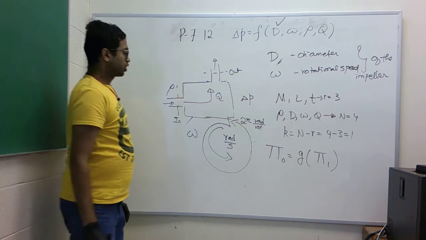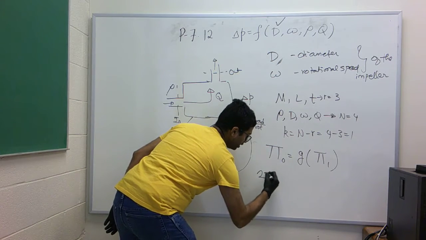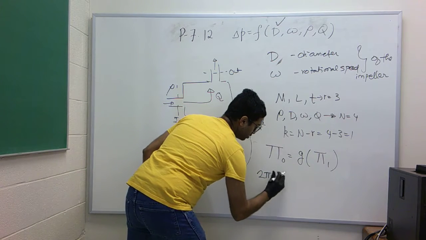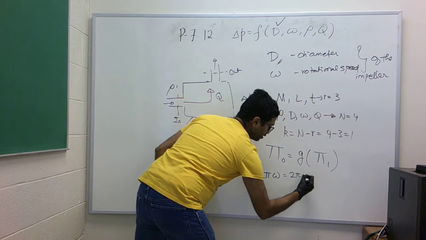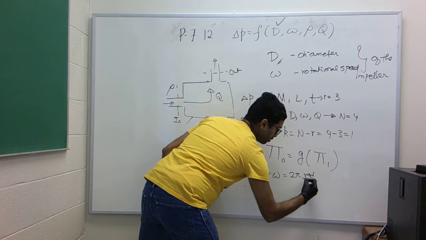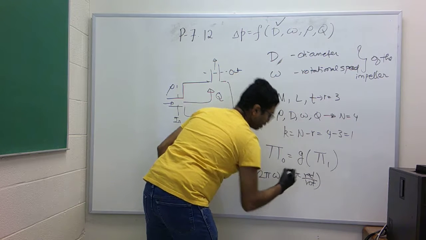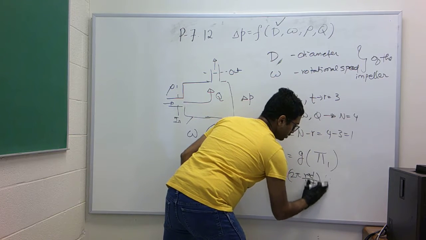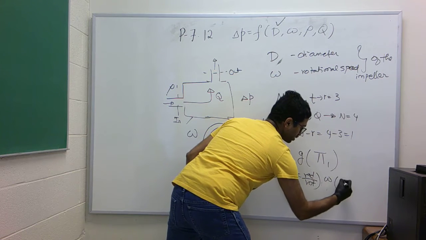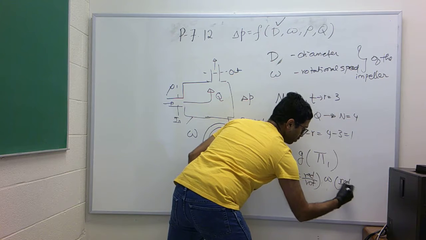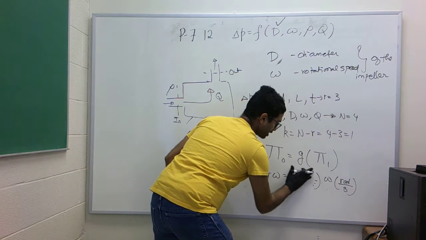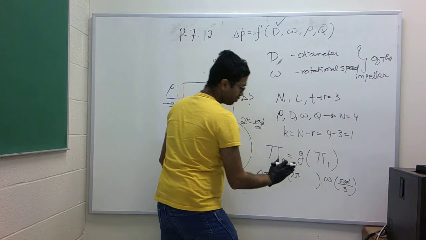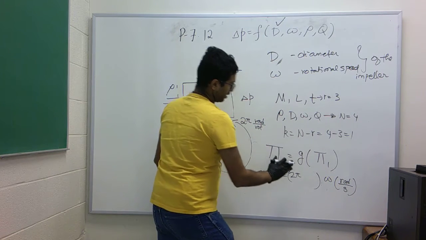Okay. So if you think of 2 pi times omega, that is really 2 pi radians per rotation times omega, which is radians per second. I'm sorry, I should say omega divided by 2 pi. Right, that's right.